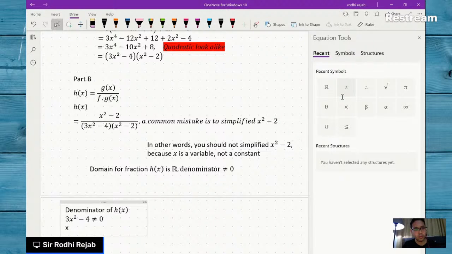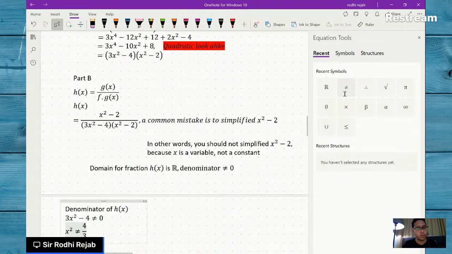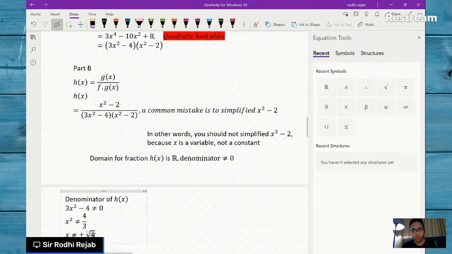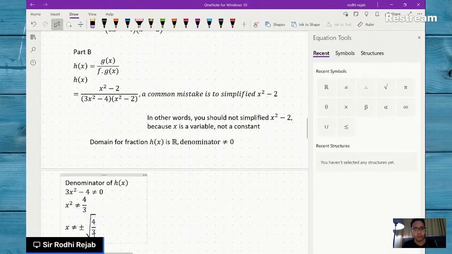So x squared not equals to 4 over 3. So x is not equals to plus minus square root of 4 over 3. There's another way of writing it down, but that's good enough.